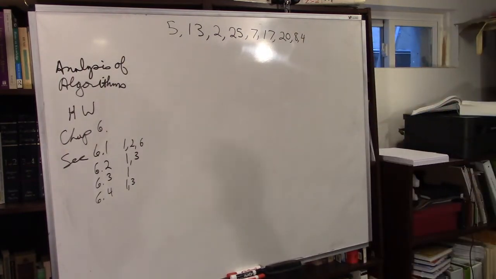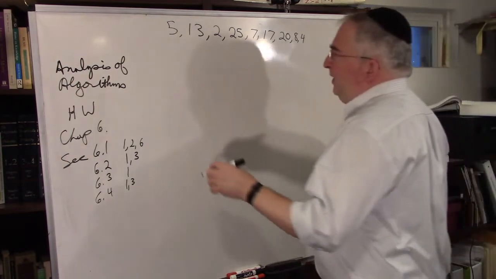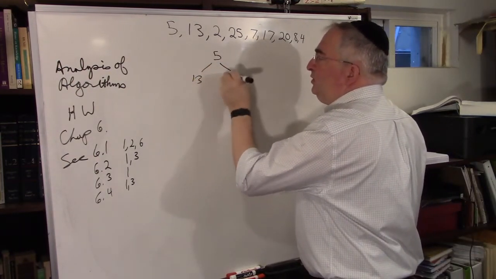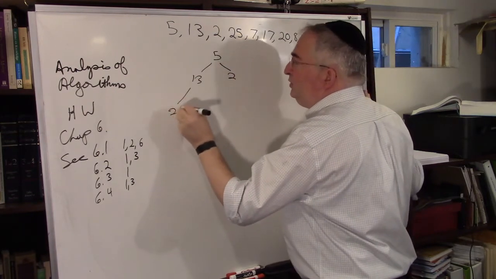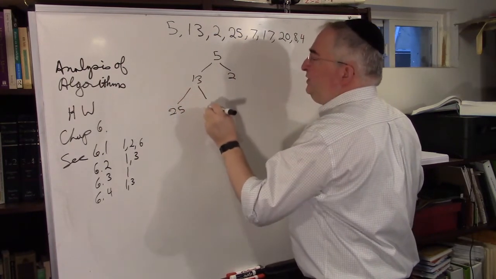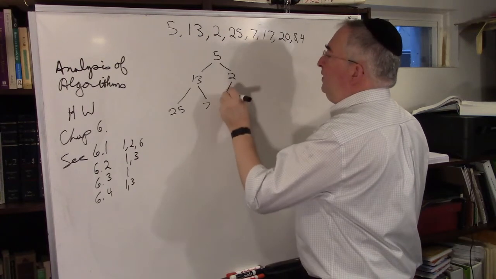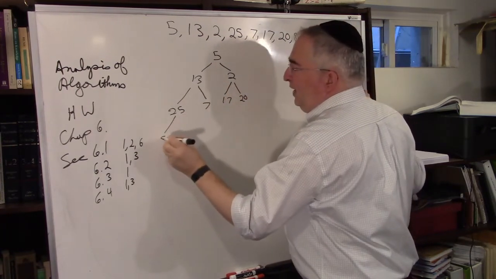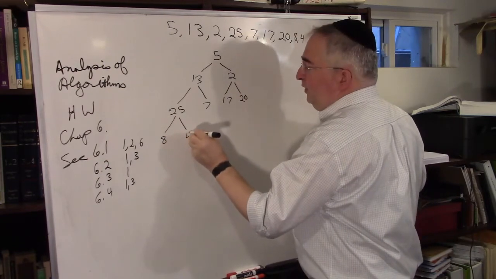Okay? Okay, so first thing first is we have to make a heap out of it. So let's make a heap out of it. 5, 13, 2, 25, 7, 17, 20, 8, and 4.